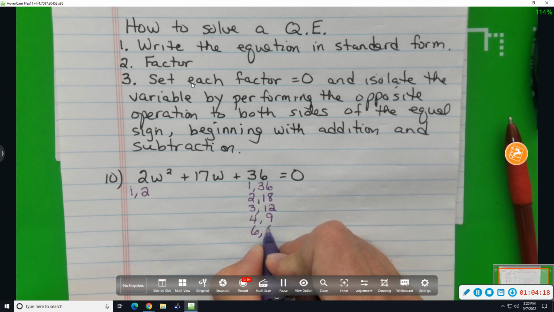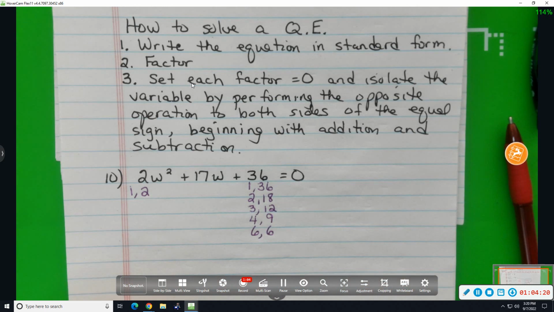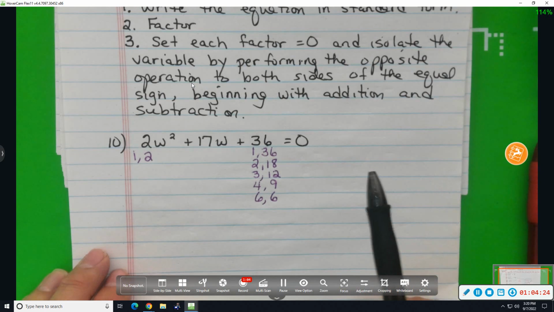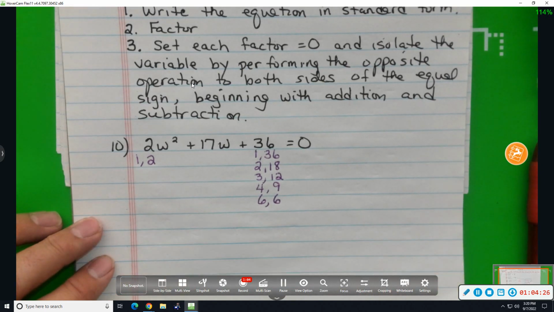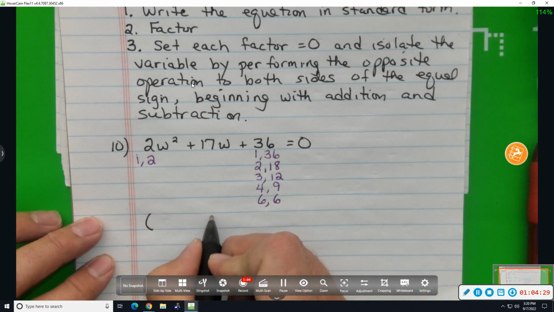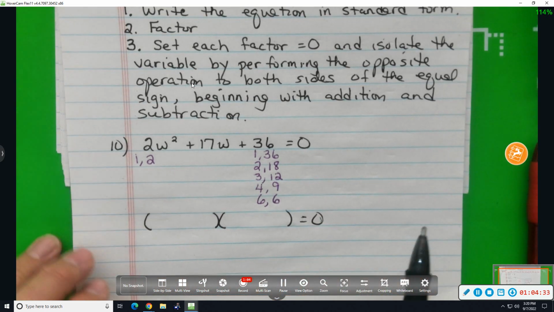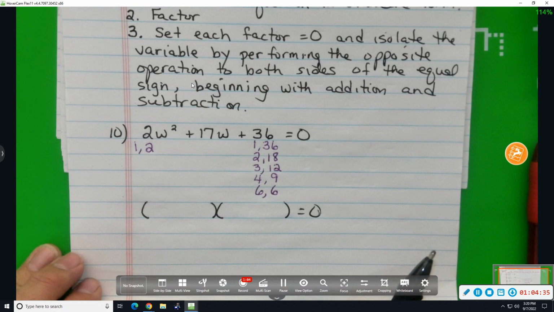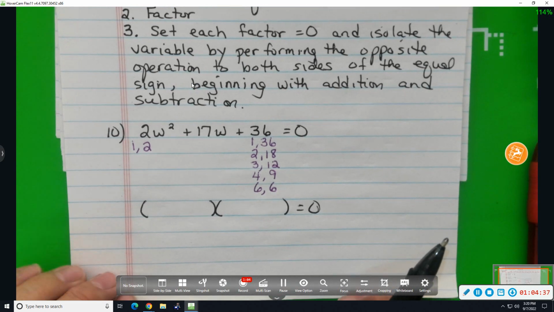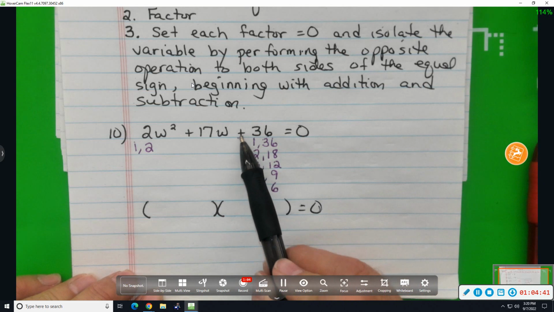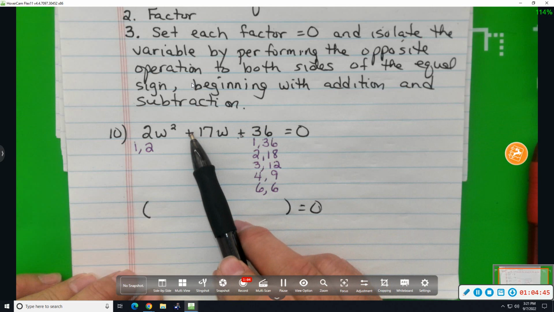And last pair of numbers, 6 times what? 6. Well, I'm going to draw my 2 sets of parentheses. And decide on the sign. Have y'all mastered that second rule? The second sign here is a plus, so both of them are plus.